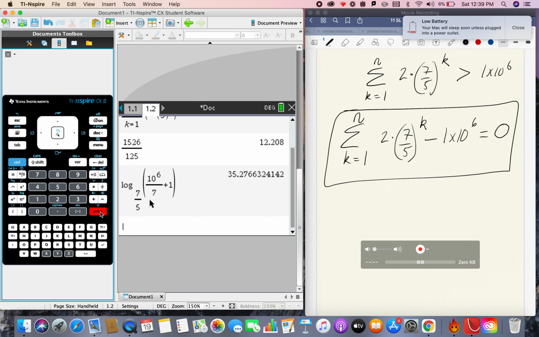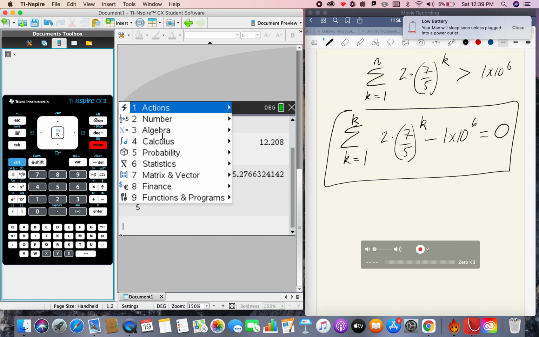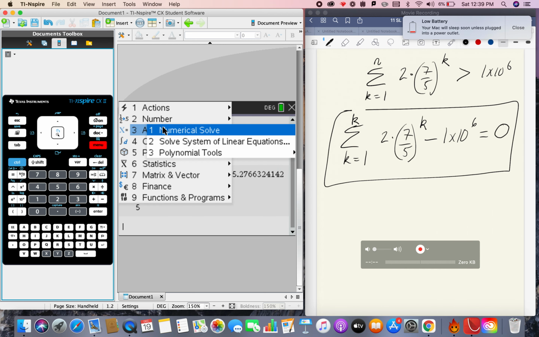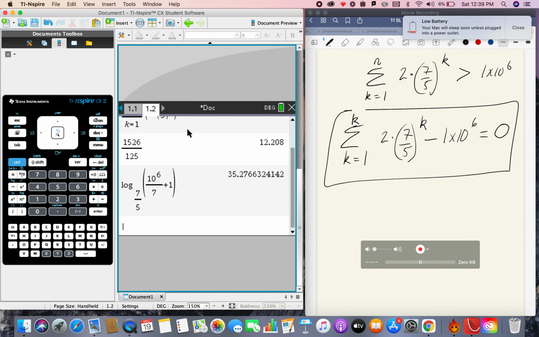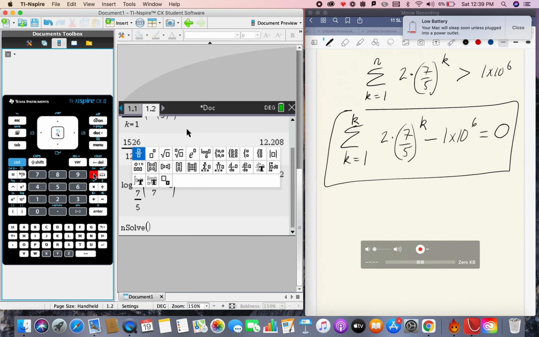I'm going to see if I can solve this equation using the calculator. Now the calculator just wants you to do one tiny change here. I'm going to change this n to a k, and let's see what happens. So on here, I'm going to go menu, algebra, and numerical solve. So we're going to type this in and see what the calculator can do for us. So let's go to a sigma notation from our menu here.